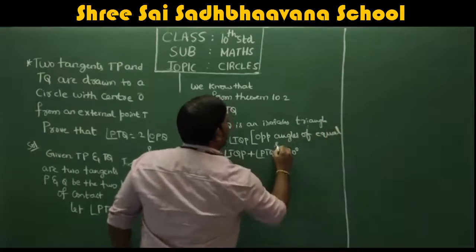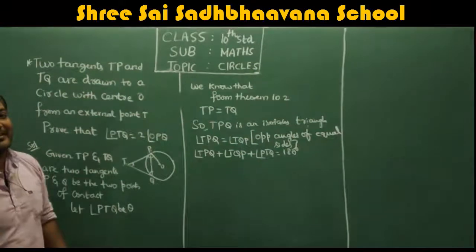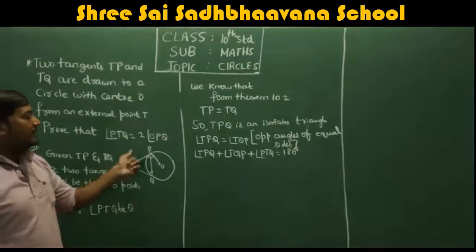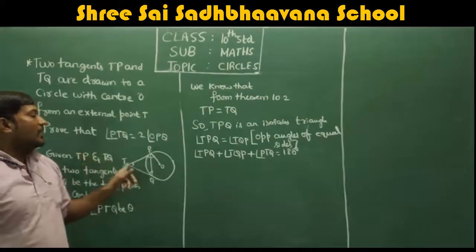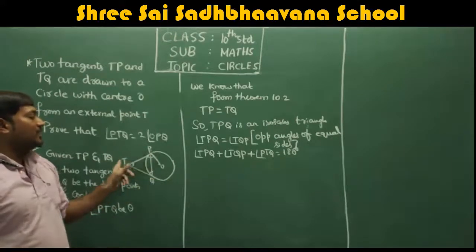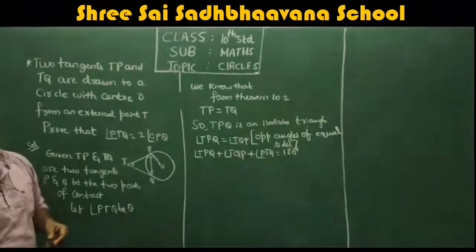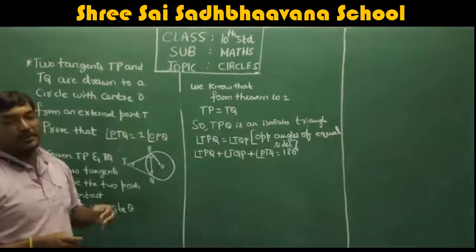Always remember, angles opposite to equal sides are always equal. So TP and TQ are equal, the angle opposite to TQ is TPQ, and the angle opposite to TP is TQP. So both should be equal, because of the theorem, the opposite angles of equal sides property.